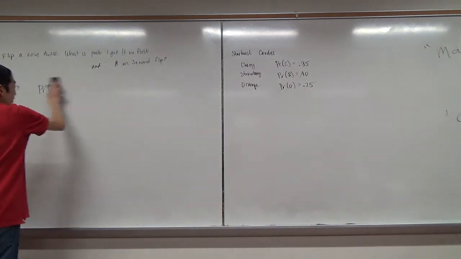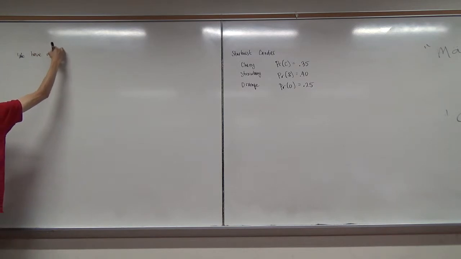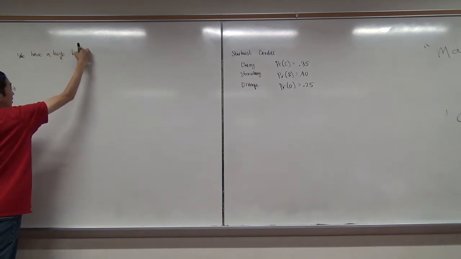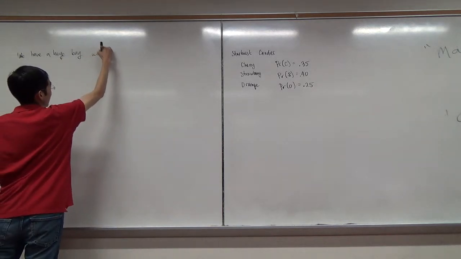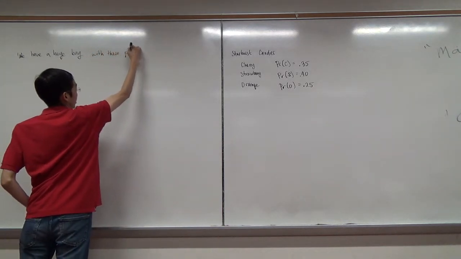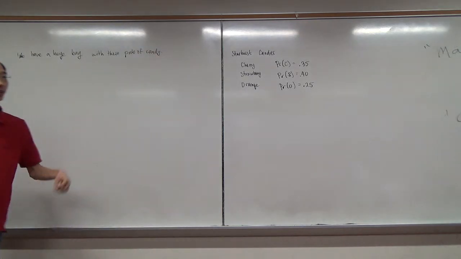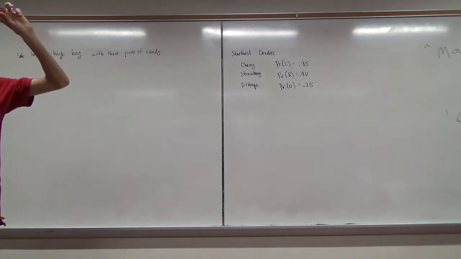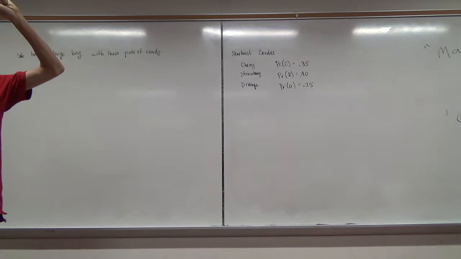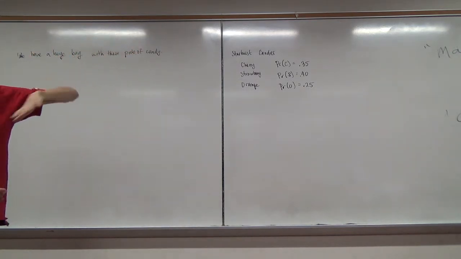Okay, so let's say we have a huge bag with these probabilities of candy. I say huge bag because technically, once you draw the first candy out, say a cherry candy, what's remaining is technically no longer the same as the original bag.